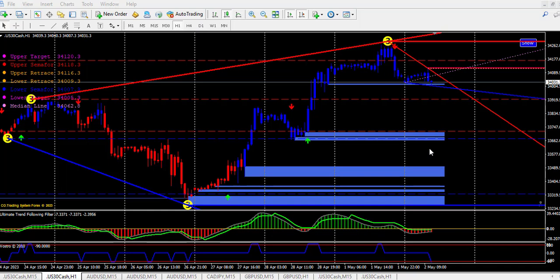You can also use this one on gold. You can use this on the cryptocurrencies like Bitcoin, Ethereum, Doge, Litecoin, BNB, and the rest. It is very effective.